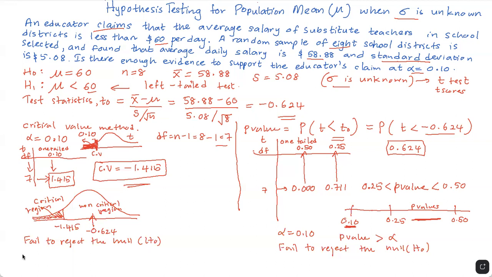So then how do you write your conclusion? Since we fail to reject the null, there is not enough evidence to support the claim. What is the claim?